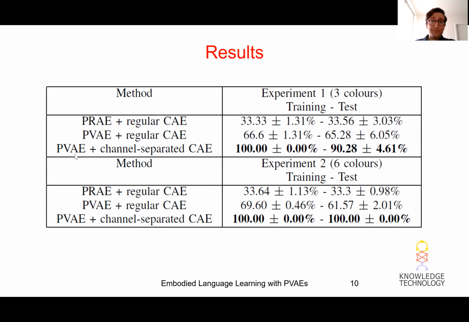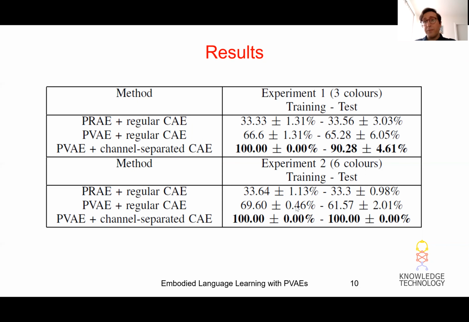When we used the paired variational autoencoder approach with our channel separation, we got up to 90% action to description translation accuracy.